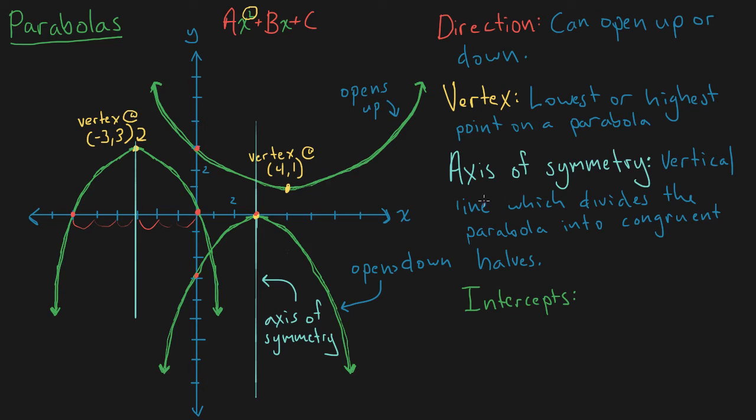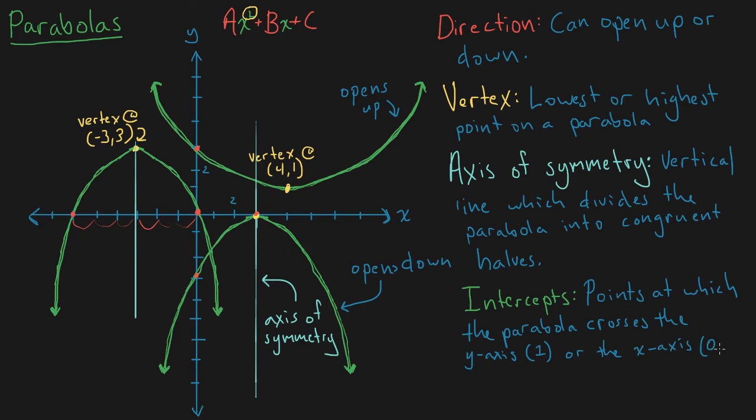So intercepts are the points at which the parabola crosses the y-axis, and there's always one of those, or the x-axis, and there can be 0, 1, or 2 x-intercepts.